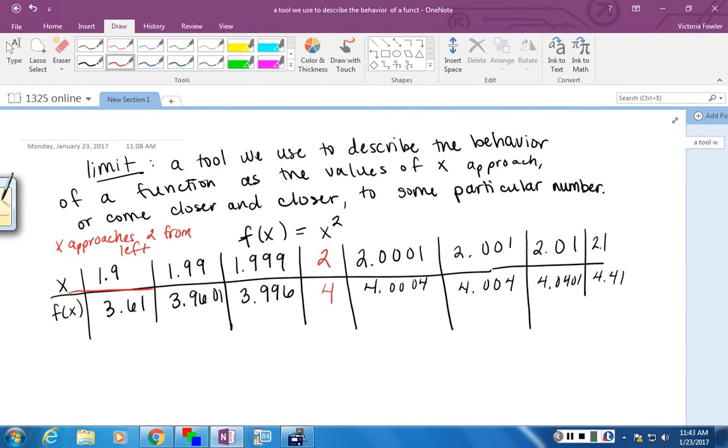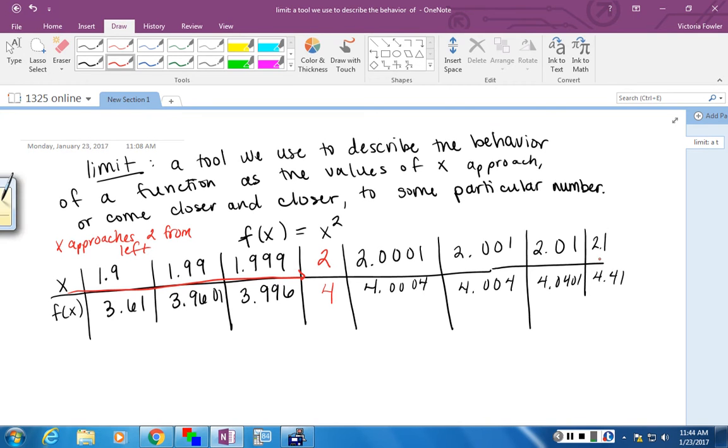So I'm approaching 2 from the left side. Well, what's the behavior of the function? It looks like as we go from the value of 3.61 to 3.9601 to 3.996, and we can go forward even more, we get closer and closer to the y value of 4. So as x approaches 2 from the left, I get closer and closer to 4.